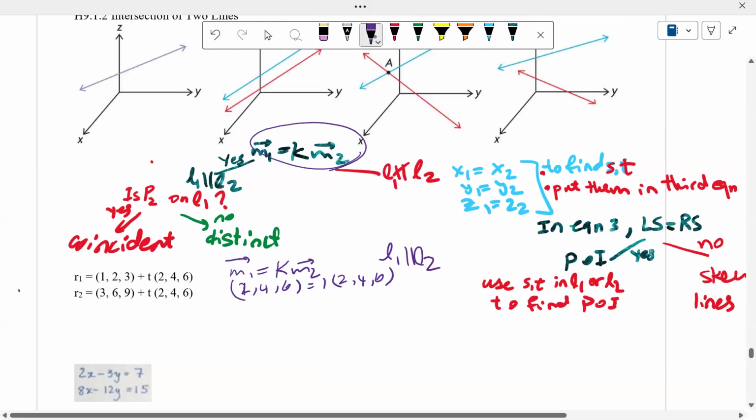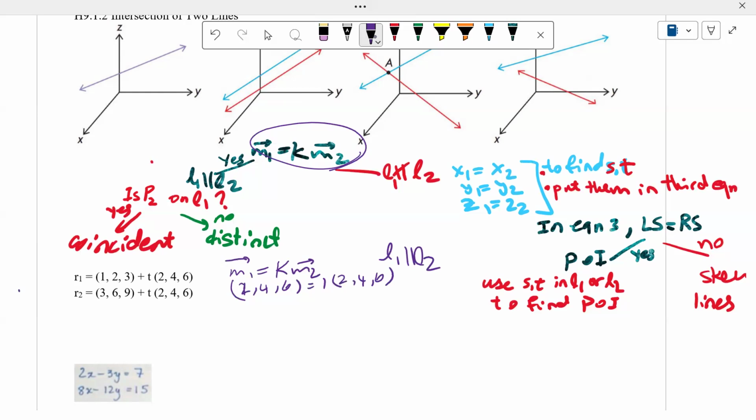Now you put P2 on line 1. I can change it to parametric equation, or I can just do it right here. So I'm going to do it right here for this question. It doesn't matter. You can put P1 into line 2 or P2 into line 1.